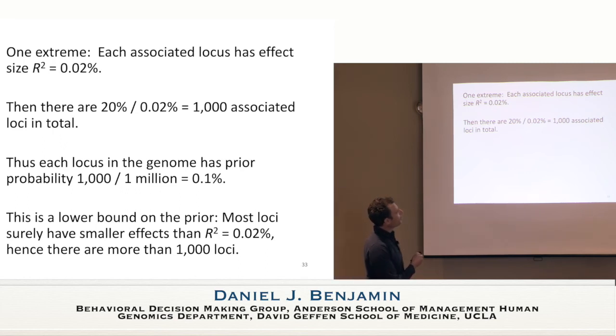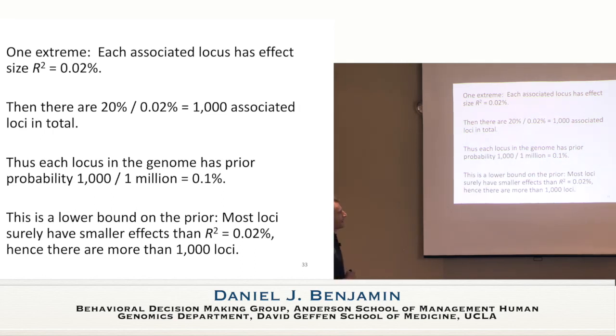Since the total variance explained in educational attainment by these SNPs we know is 20% from this GREML estimate, if each one has this effect size, then there have to be 1,000 of these SNPs. So if there are 1 million independent loci in the genome and 1,000 associated loci, then a randomly selected locus has a prior probability of 0.1% of being associated.